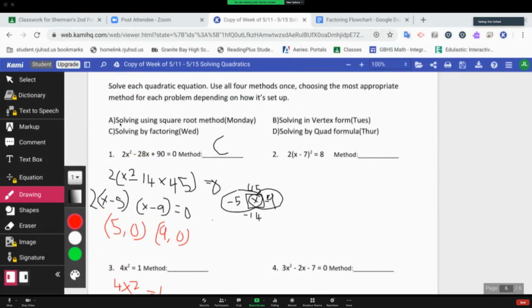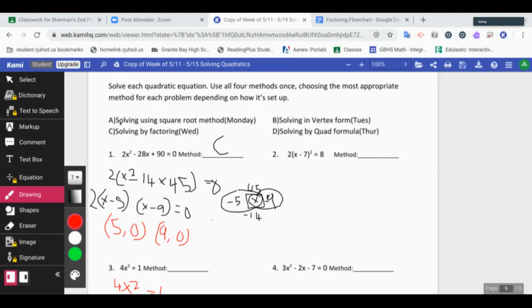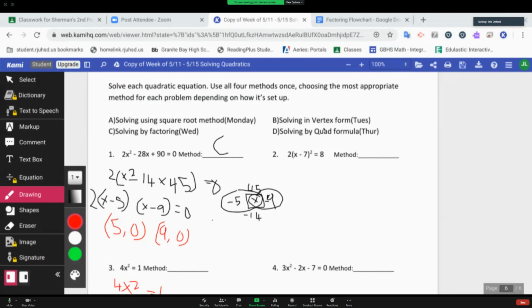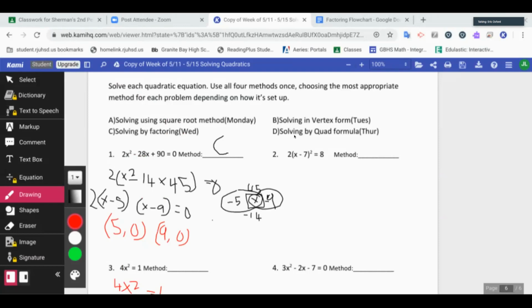So now they gave you A, solving using the square root method, B, solve in vertex form, C, solve by factoring, or D, solve by quadratic formula. Which one would you say that we just did? I think we used A, solving using square root.